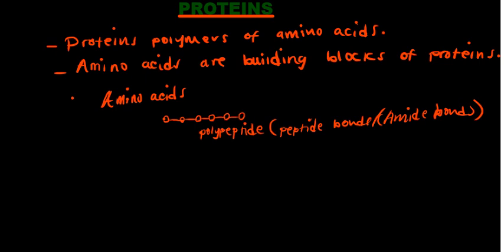So this is a polypeptide. When you just have two amino acids like this, you have one amino acid and you join to another amino acid, this bond here is the peptide bond. But since you have two amino acids joined together here, you're going to specifically call it a dipeptide, which means two amino acids in the chain.